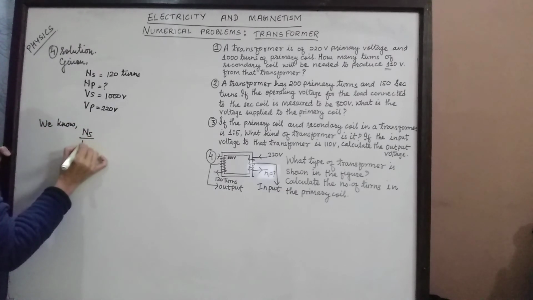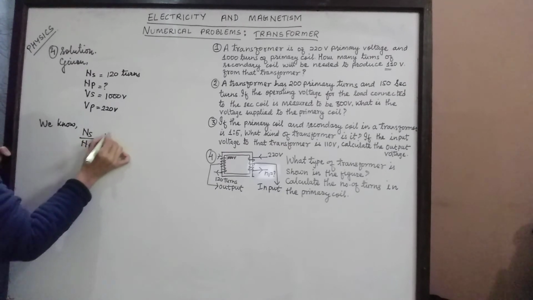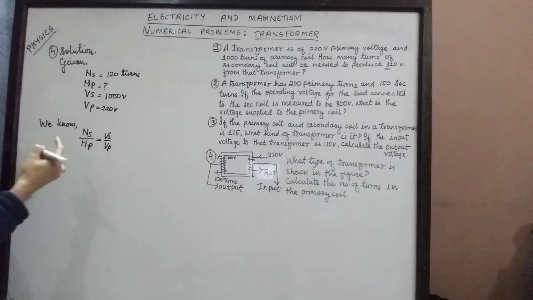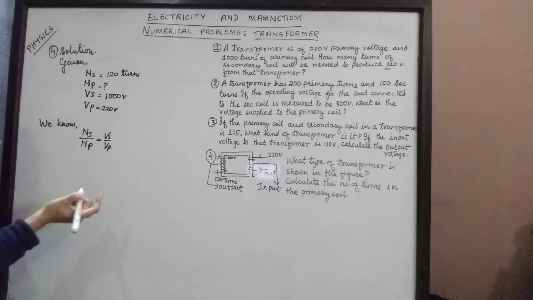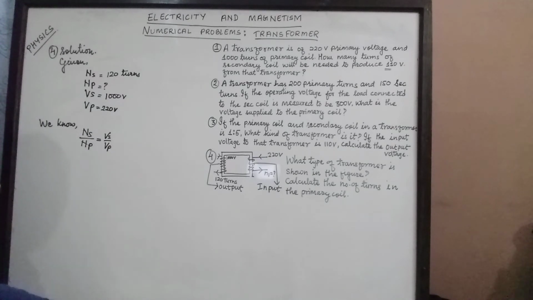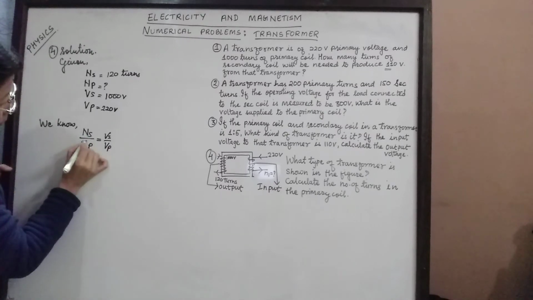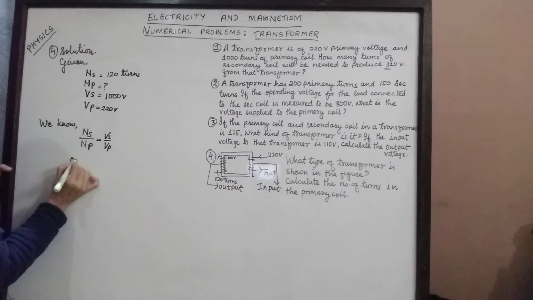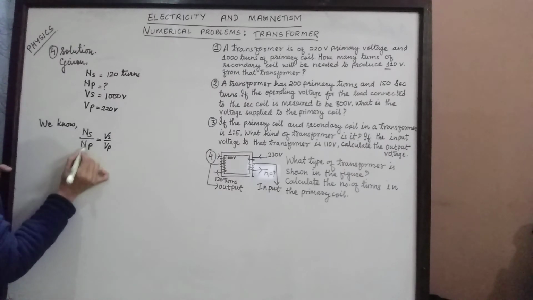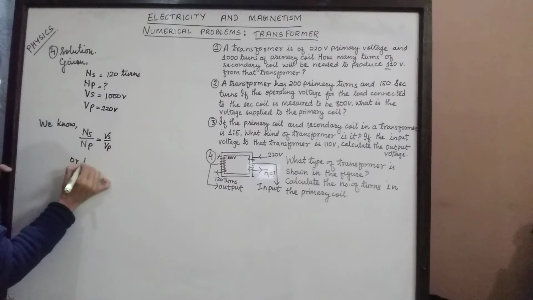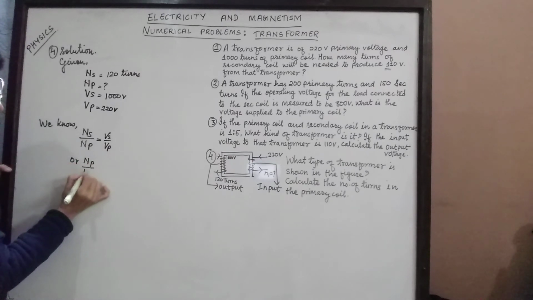Now we know NS by NP equal to VS by VP. Write formula in the original form. Do not make any changes in the beginning, otherwise you'll get confused. Now rearrange the equation. What is asked? NP is asked. Let's make the fraction upside down: NP divided by NS.